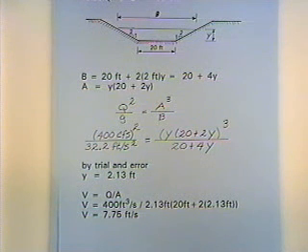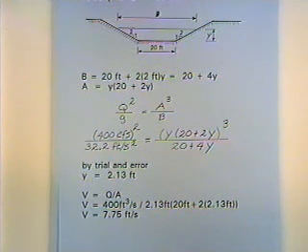And so we're not saying that the depth is 2.13 feet. We're just saying if a depth of 2.13 feet occurs, we've got critical flow. Now if the actual real depth is greater than 2.13 feet, we've got subcritical flow. If the depth is less than 2.13 feet, we've got supercritical flow.